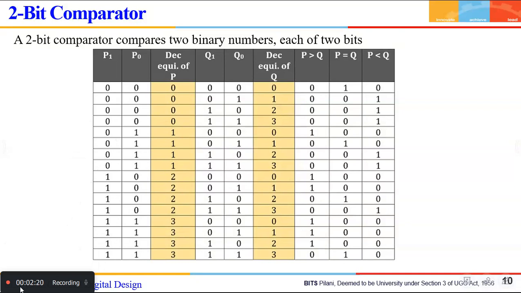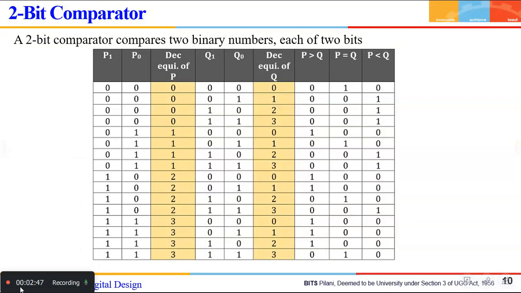So, what next? Tell me. I want to get a logic circuit for P greater than Q, P equal to Q, P less than Q, where P1, P0, Q1, Q0 are the inputs.